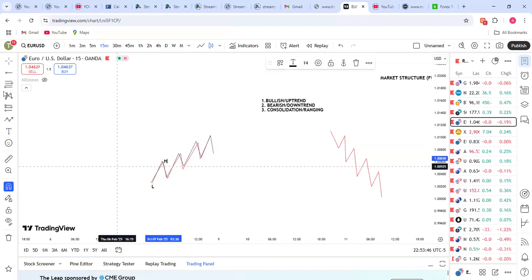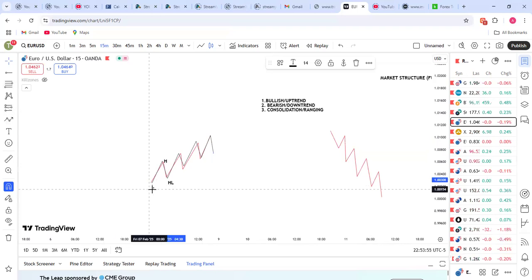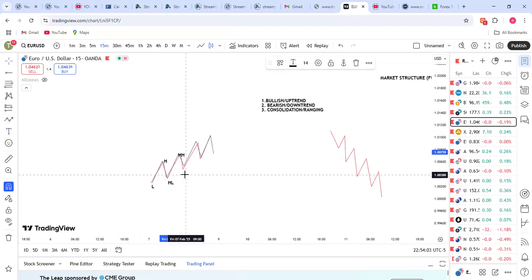The next low, which is this low here, we'll call a higher low, because it is higher than the previous low. And the next high, we'll call a higher high, HH, because it is higher than the previous high.